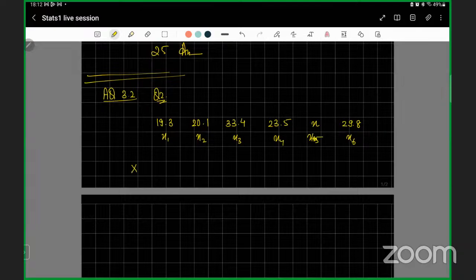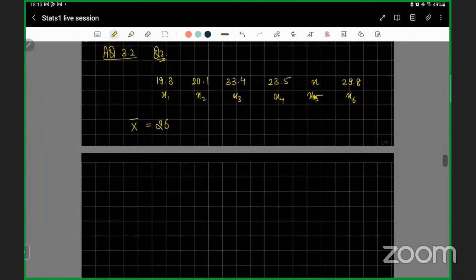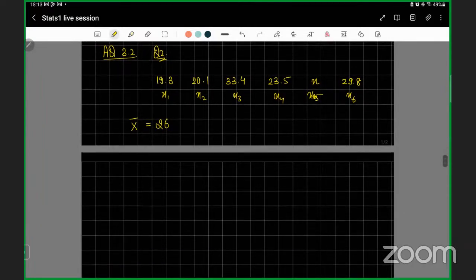So what is the mean given? 26. Do you know how to calculate the mean, Pranjali? Yes, ma'am. Sum of observations upon number of observations. Okay, so let's do it here. What will be the sum of observations? Ma'am, I don't know the value of x.